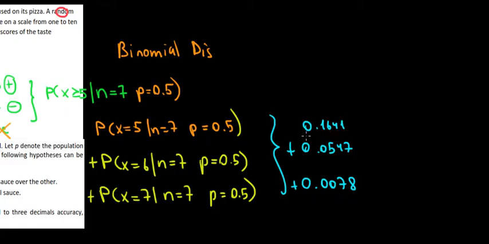Notice how the probability of having higher positive values by chance is becoming less and less. So the probability of having 6 positive differences from a sample of 7 is just 5%, and the probability of having 7 positive differences out of 7, so the probability that all of them happened by chance, is even lower, 0.0078, so that's less than 1%. And the intuition is making sense, because the probability of having only positive differences, so the probability of having this trend that the new sauce is highly preferred over the original sauce, is unlikely.